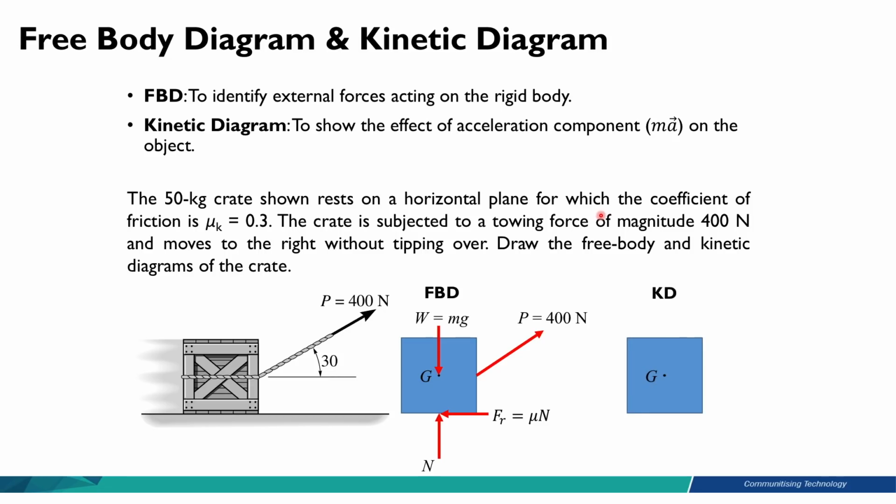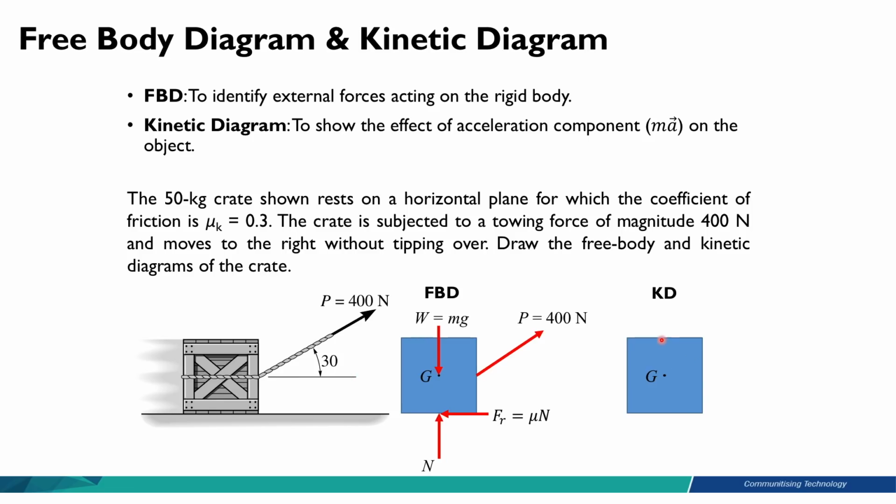So to draw the kinetic diagram, we draw the same box, the same rigid body. And let's look at the motion of the crate here. The crate is not moving up and down in the y-axis. The crate only moves to the right in the x-axis.